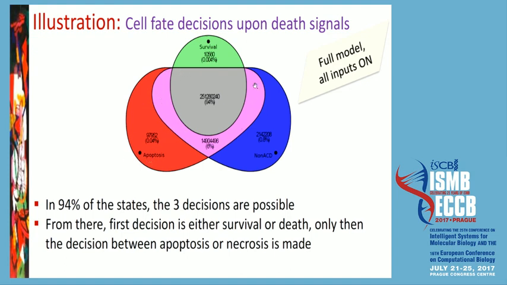If I am in this pink region, which is common between these two basins of attraction, then I still have the choice of the type of death. This structure is really peculiar to this model, because we could also have no intersection between the survival and one specific death, for example.